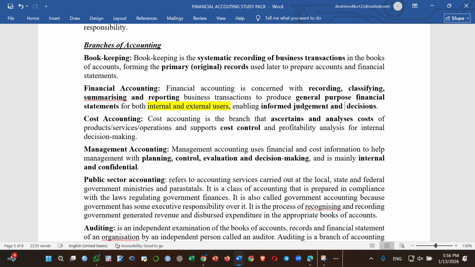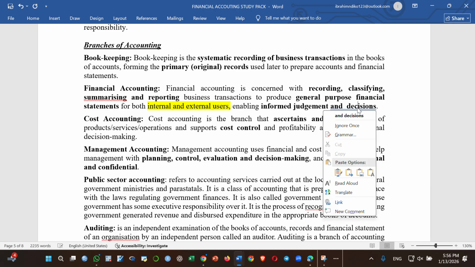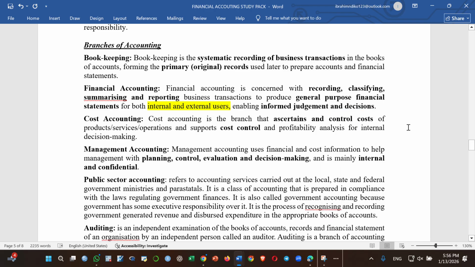So here it says cost accounting is the branch that ascertains and analyzes. Here you can remove the word analyze and say control cost. Up to that point, that one is okay. What about management accounting? Now, management accounting is a broader field of cost accounting.